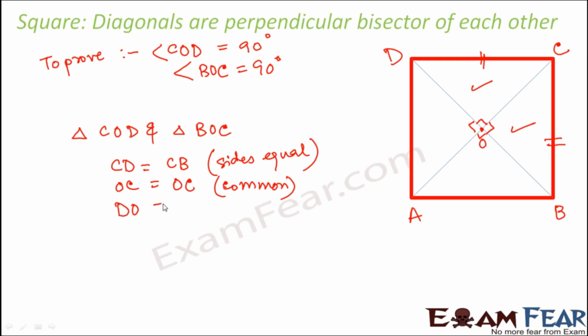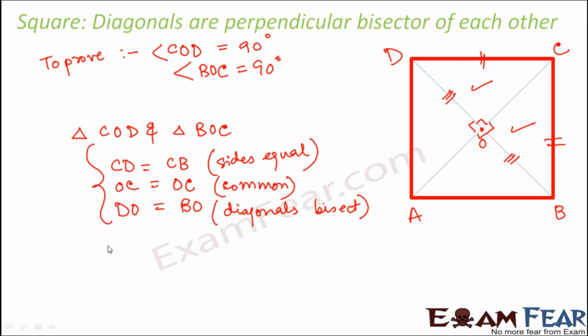And then DO is equal to BO. While DO is equal to BO, that's because as a property of parallelogram itself, we know that the diagonals bisect each other. So because of that, DO will be equal to BO.